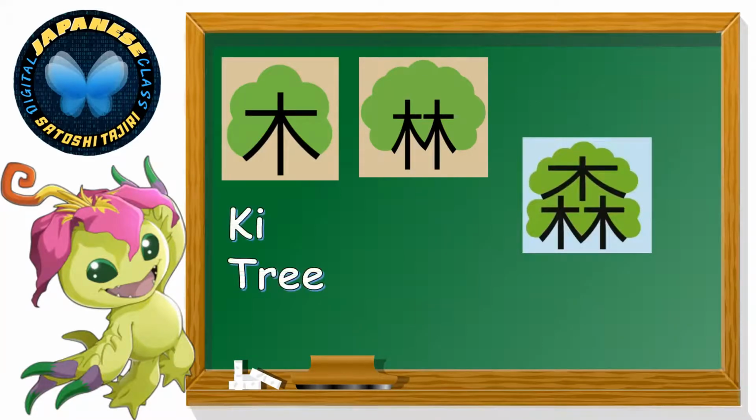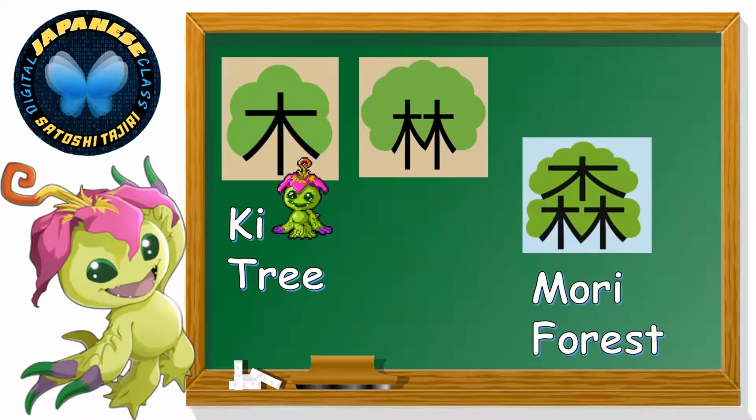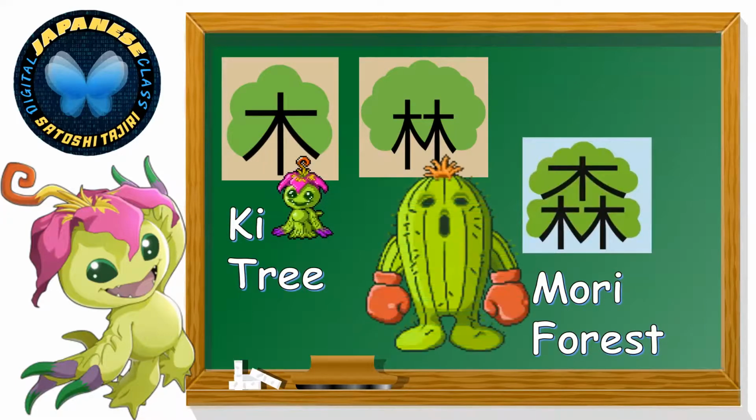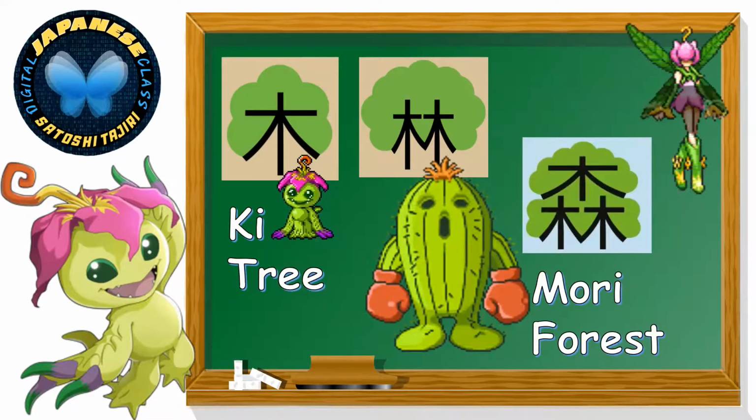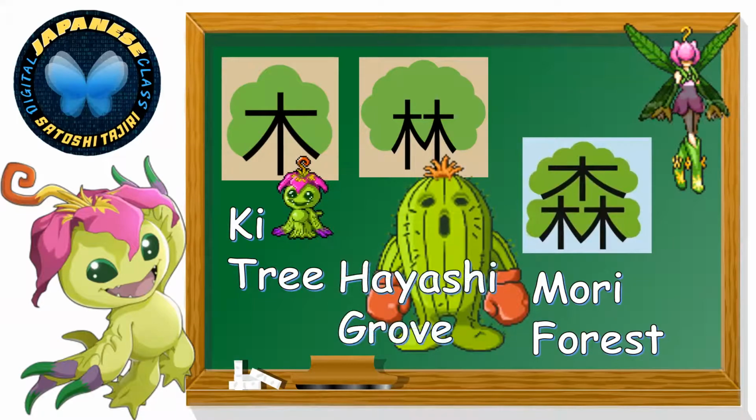You start here as ki, then hayashi, then mori, okay? So every time you add a character, there will be some transformation in the reading and the meaning as well.